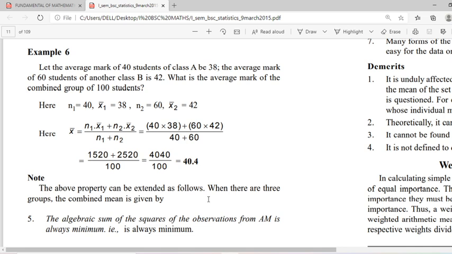So n1 is given 40, x1 bar 38, n2 equal to 60, x2 bar equal to 42, and the combined arithmetic mean is x bar equal to n1 x1 bar plus n2 x2 bar divided by n1 plus n2. That is calculated here: 40 into 38 plus 60 into 42 divided by 40 plus 60, which equals 40.4.